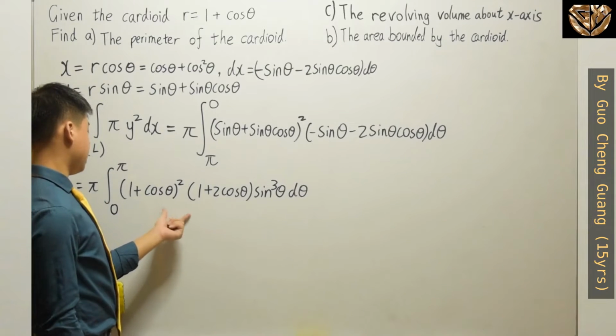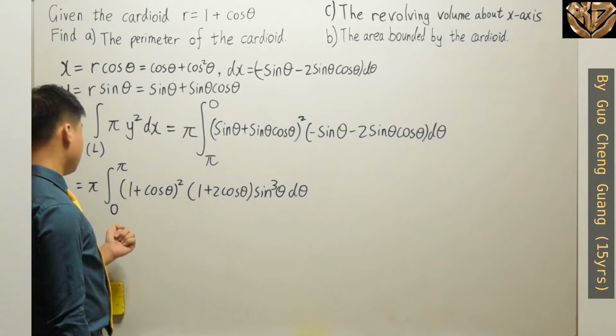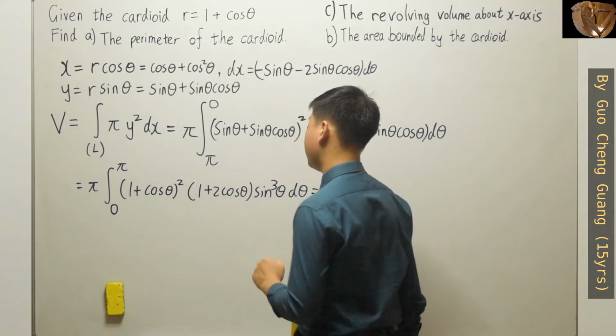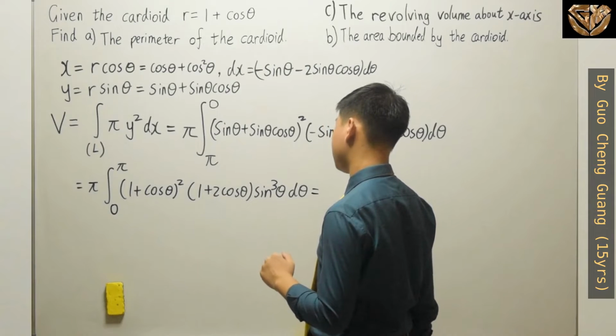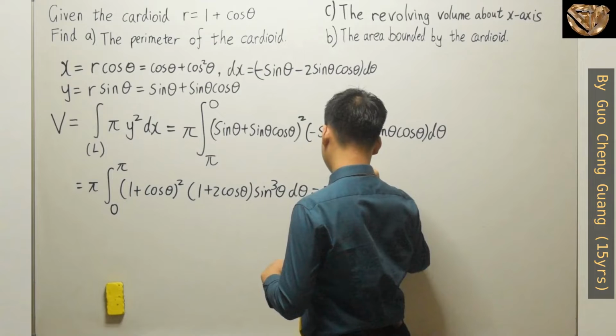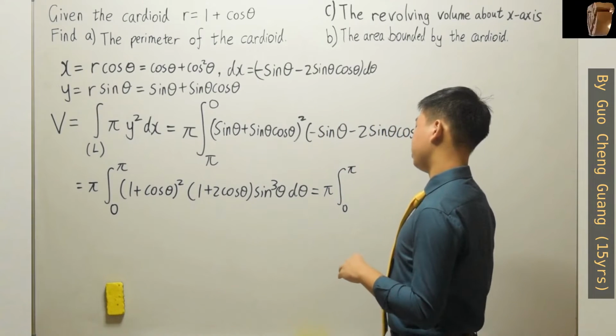Now of course you can expand this part. When you expand this part over here, there will be 1 plus 2 cosine theta plus cosine cubed, d theta. And what would you get from that?